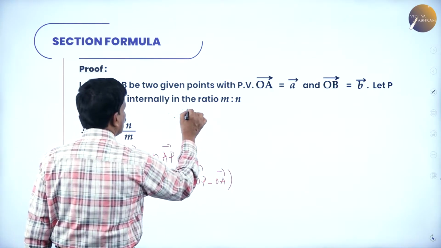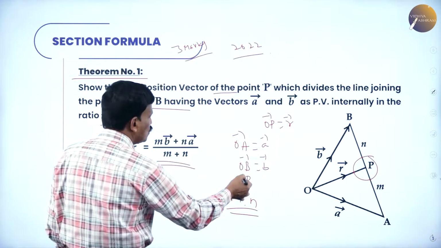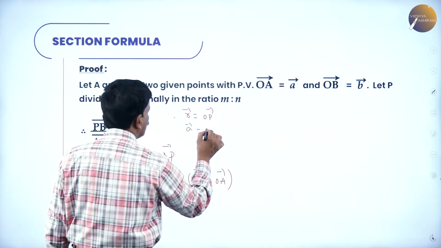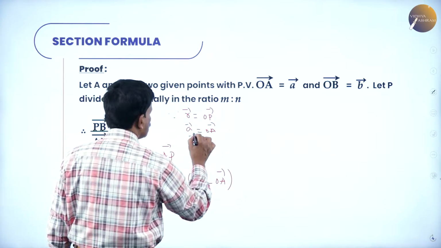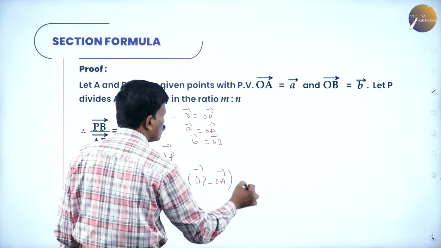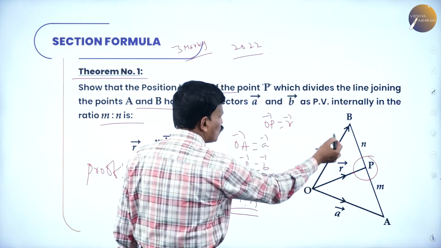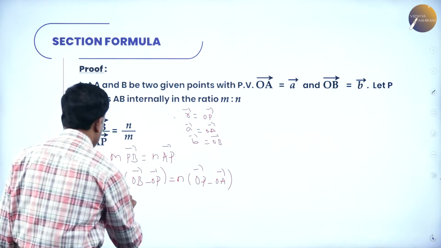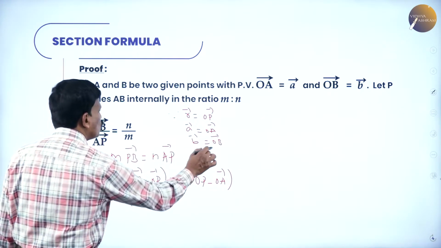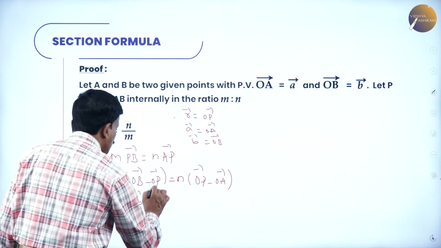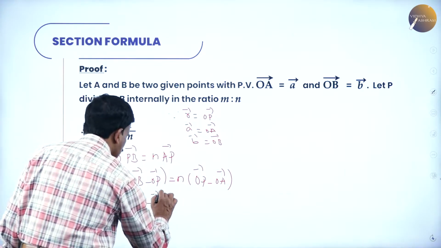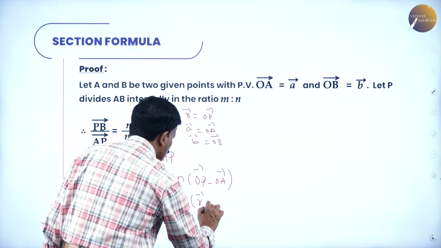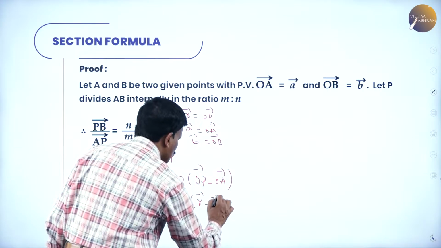Since we know vector R is OP, vector A is OA, and vector B is OB, substitute here. So m into vector B minus vector R is equal to n into vector R minus vector A.